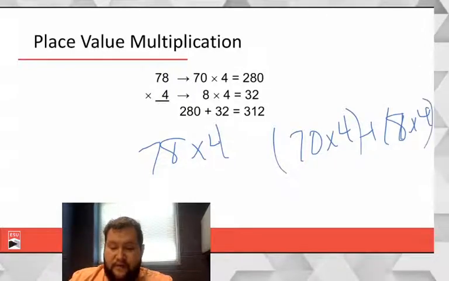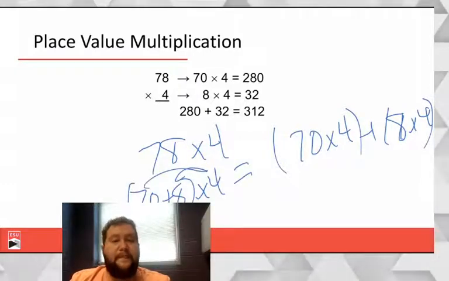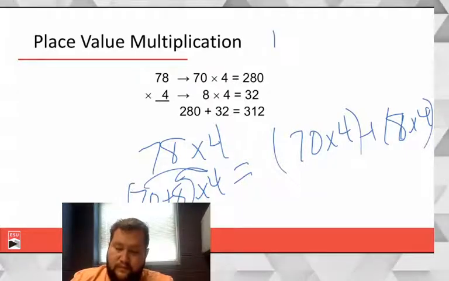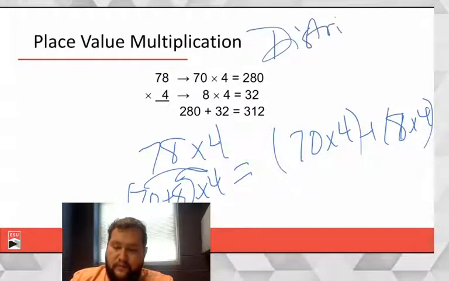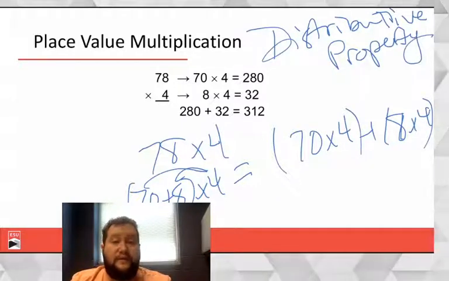But notice, what is that really? Well, that's really just 70 plus 8 times 4, and we distribute, right? So the distributive property we give a name to because it ends up being very, very important to our concept of multiplication.